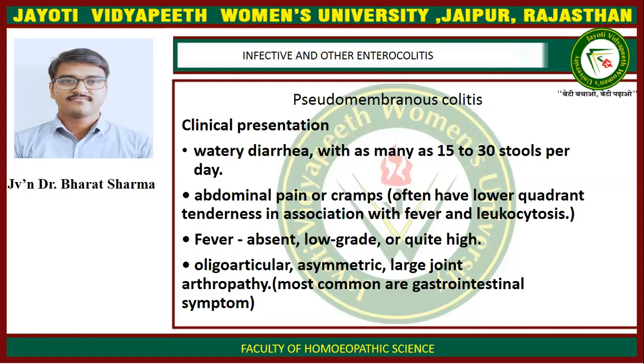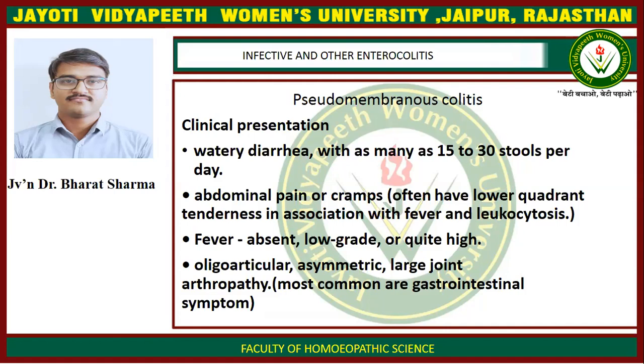Pseudomembranous colitis clinical presentation. Watery diarrhea with as many as 15 to 30 stools per day. Second is abdominal pain or cramps. Often have lower quadrant tenderness in association with fever and leukocytosis.